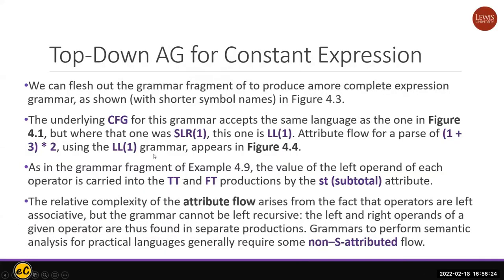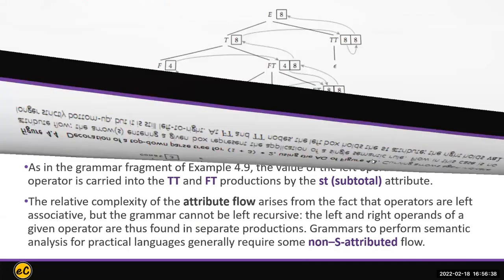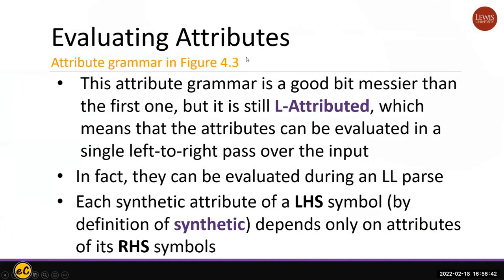That is the so-called LL1 grammar. But the LL1 grammar apparently is not very efficient. So here you have a subtotal. That's the new grammar. This attribute grammar is a good bit messier than the first one, but it is still L attributed, which means that the attributes can be evaluated in a single left-to-right pass using the input.